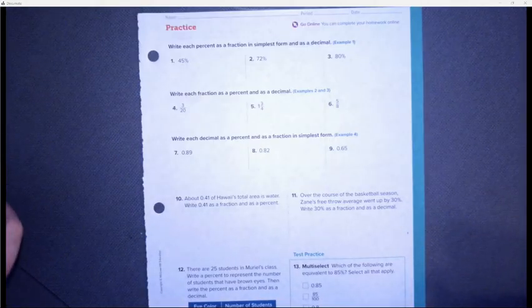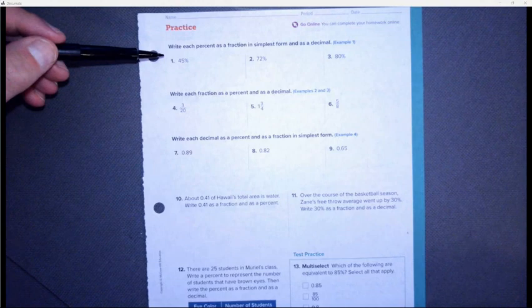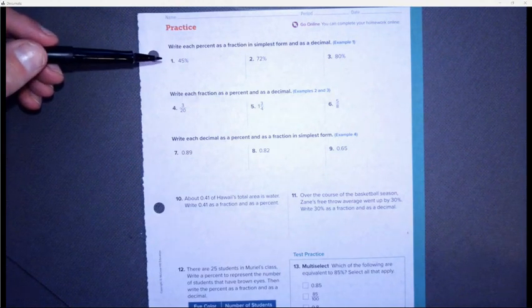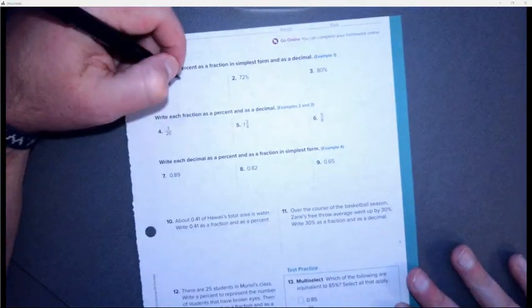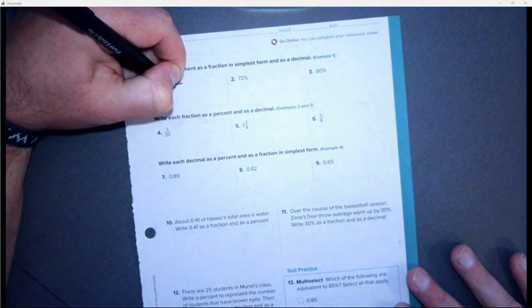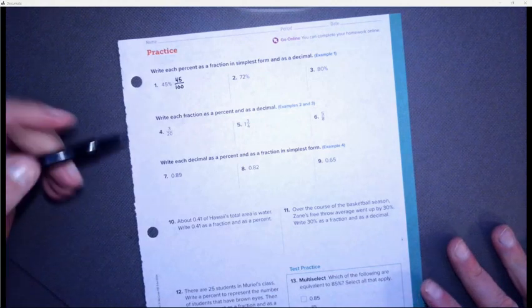Let's take a moment to look at our practice page on page 109 and work a few of these out. Number 1 asks us to write each percent as a fraction in its simplest form and as a decimal. So we have 45%. We know that that is the same as 45 per 100, because percent means per 100.